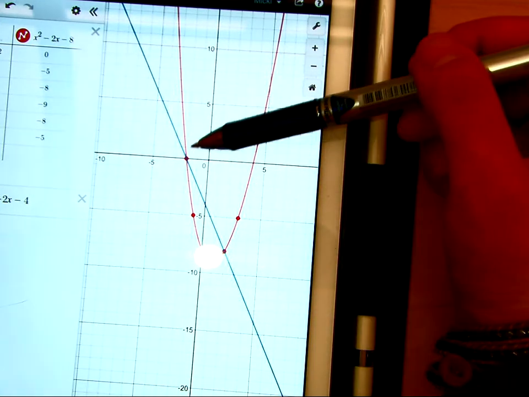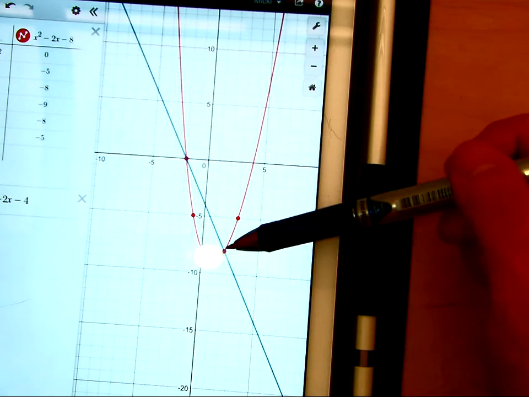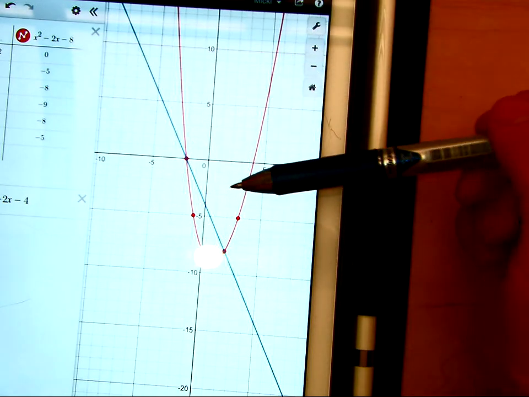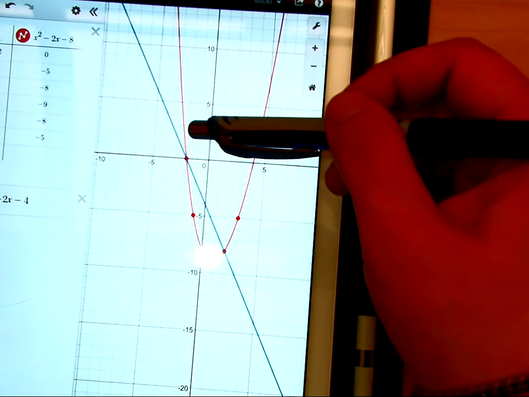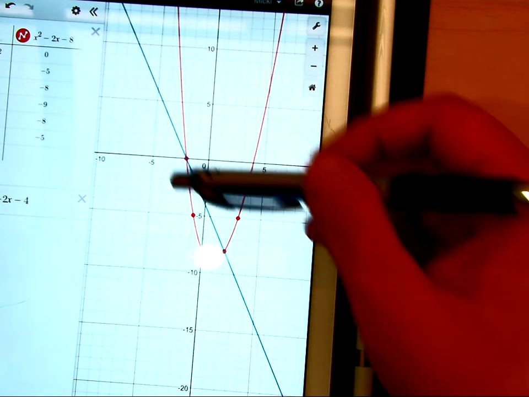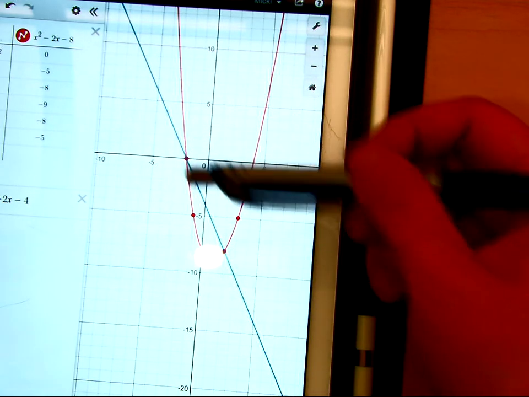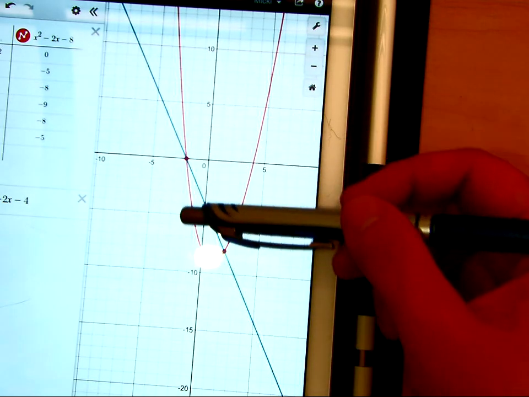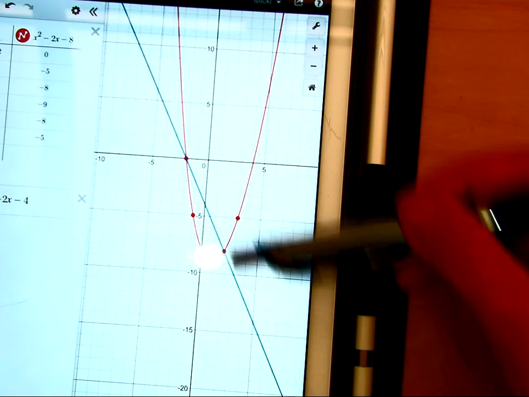The parabola is greater than the line here and here. So we're using those points of intersection. Here's h of x where it's greater. You see h of x goes below the line here. So from -2 to 2, f of x is actually above h of x.